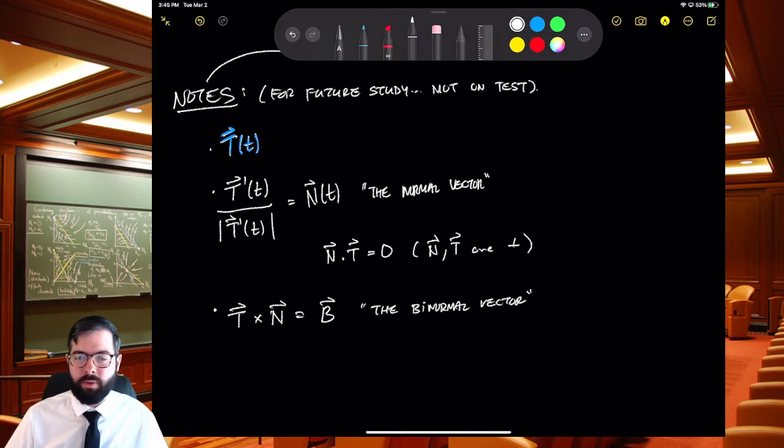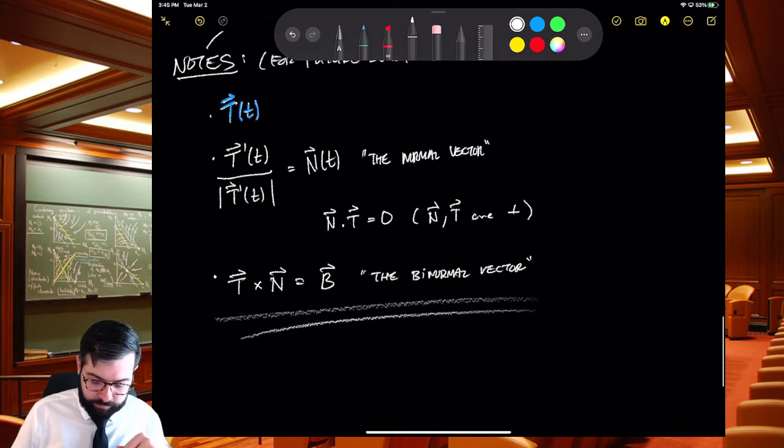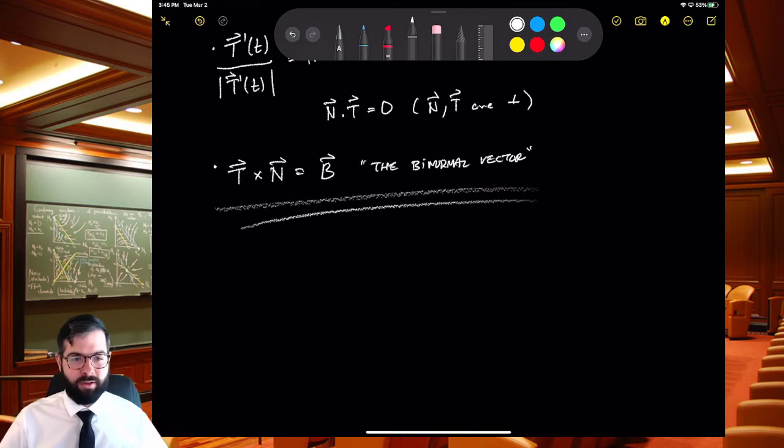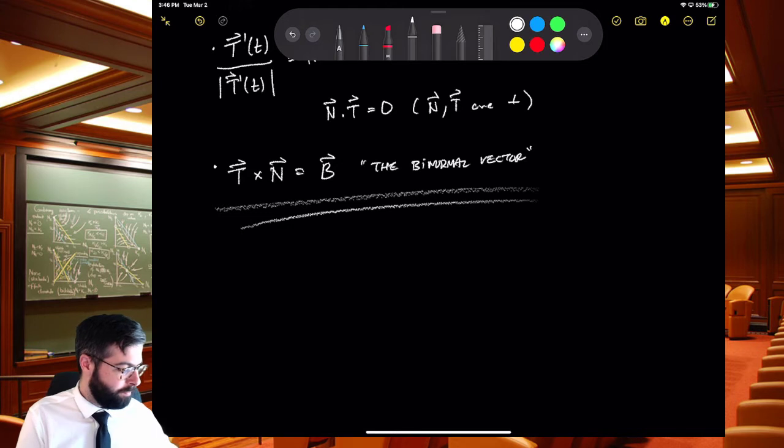We can do it based on the arc length instead of some unit time that we just came up with. This is cool stuff. Again, not on the test, but just to know that there's a lot more depth here, probably on all of the topics that we cover, than we have time for.